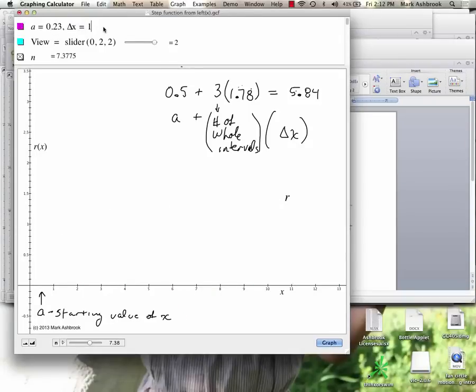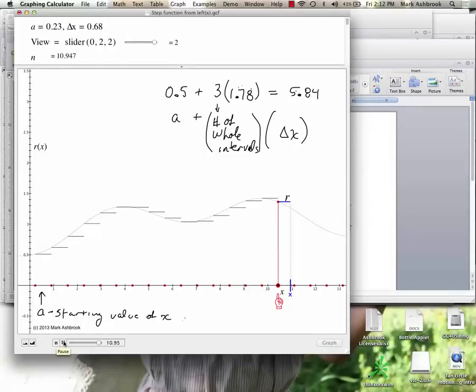And let's make delta x a little smaller. What is A? 0.23, the starting value.